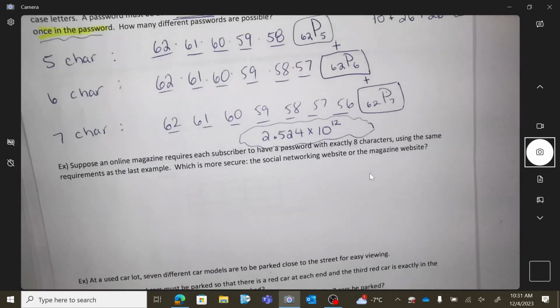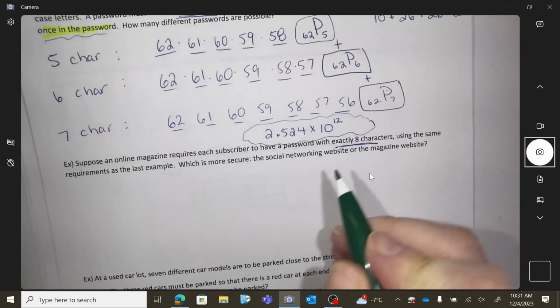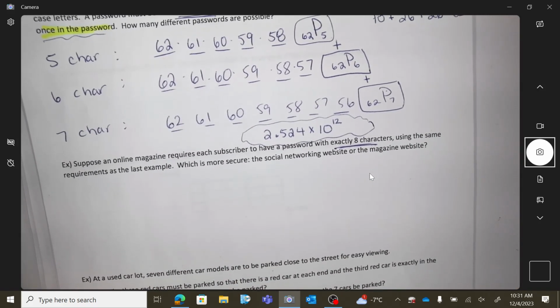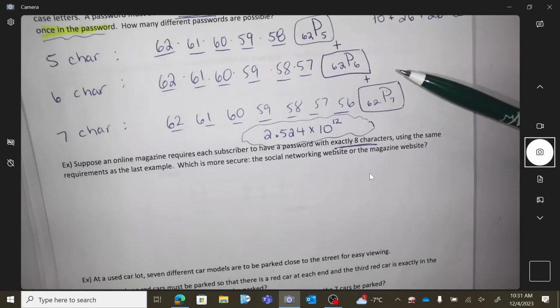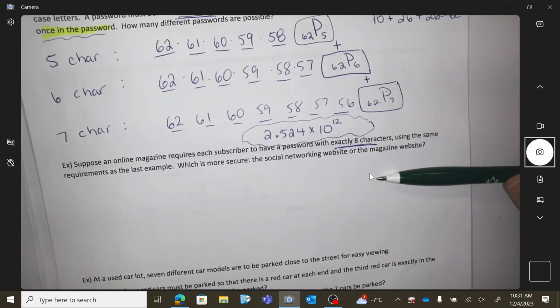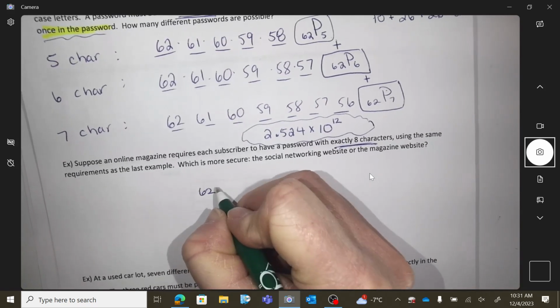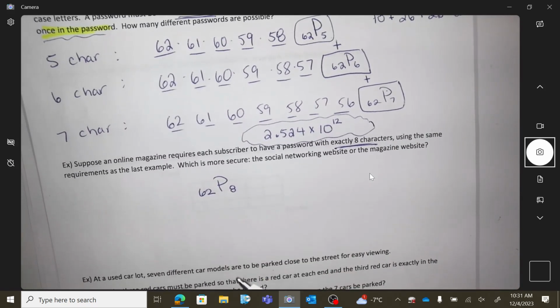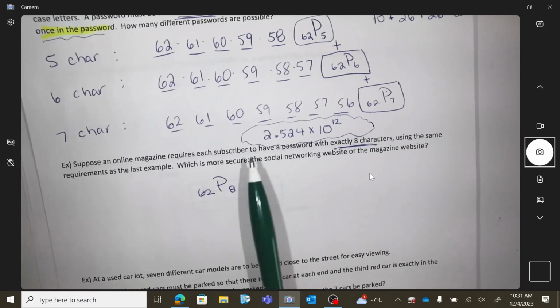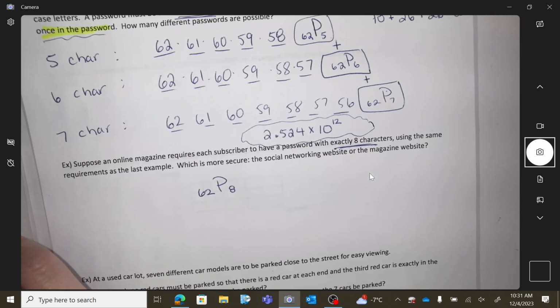Okay, so now the next one, you're doing the same, except you just have one option. You have to have 8 characters. So which one of them would be more secure? This option or this option? So this option says there's just for sure 8 characters. So 62P8. Is that number going to be bigger or smaller than that option?